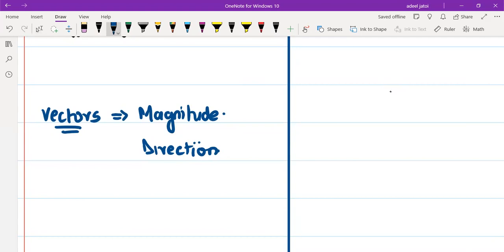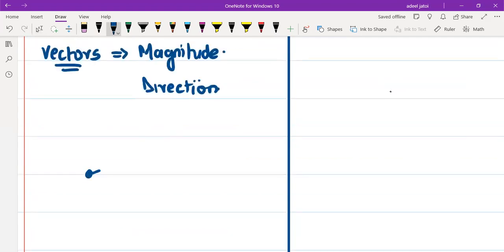Now, let's say this is A and let's say this is B. We can't take this as a vector yet. We know that there is AB, but there is no magnitude and direction given. Let's say the direction is this. The direction states that we are going from A to B, and the magnitude is a.